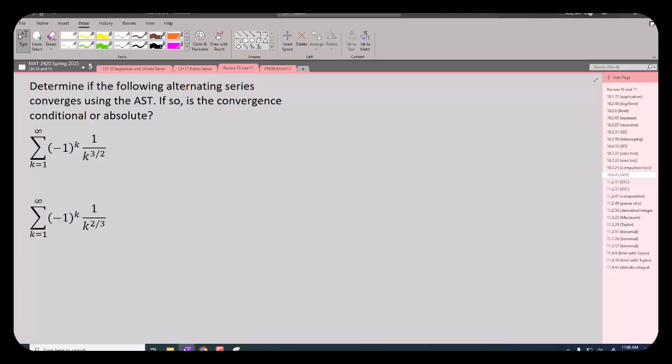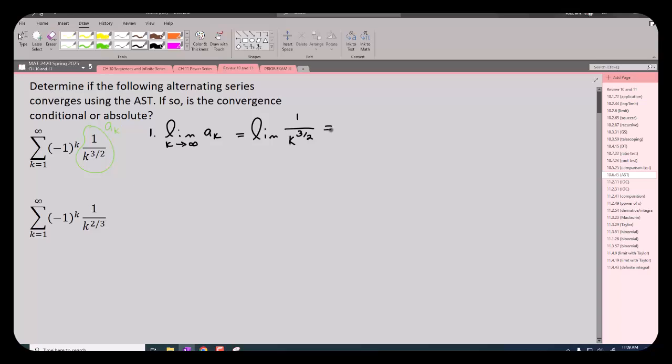Alternating series test has two parts. The first part is essentially the divergence test. So the first part says, take the limit of a sub k as k goes to infinity. And you have to remember that a sub k for an alternating series does not include the switch. So the limit that we're evaluating is the limit of 1 over k to the 3 halves as k goes to infinity.